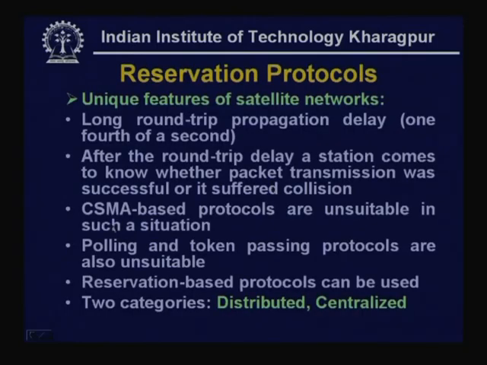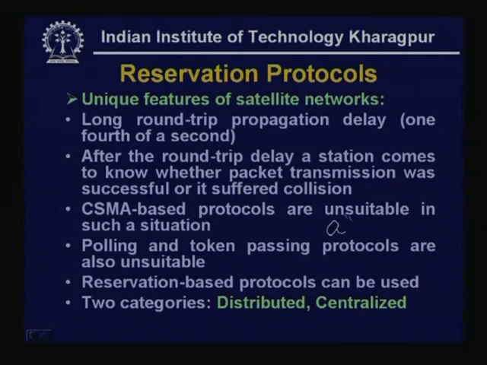As a consequence, CSMA/CD based protocols are unsuitable in such a situation. The reason is that whenever a collision is detected by a station, it knows that it happened 1/4 of a second earlier, not now. As a consequence, the value of a, that is the ratio of the propagation time to the transmission time, is very large.